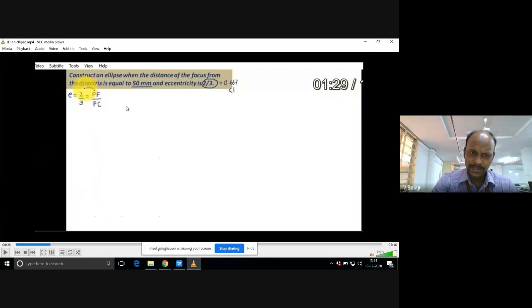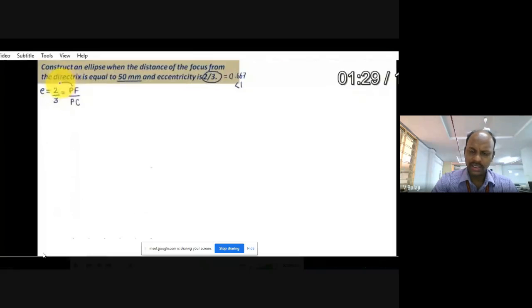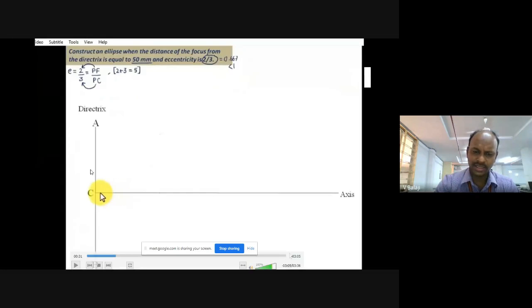He has given eccentricity 2 by 3 in the problem, and the distance of the focus from the directrix is 50 mm. So this much data only is given in the problem. First, to start the problem, you need to draw one axis line.